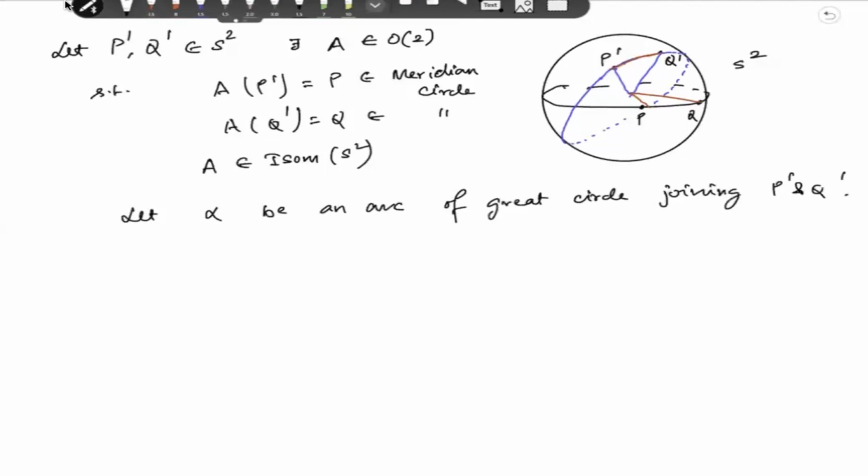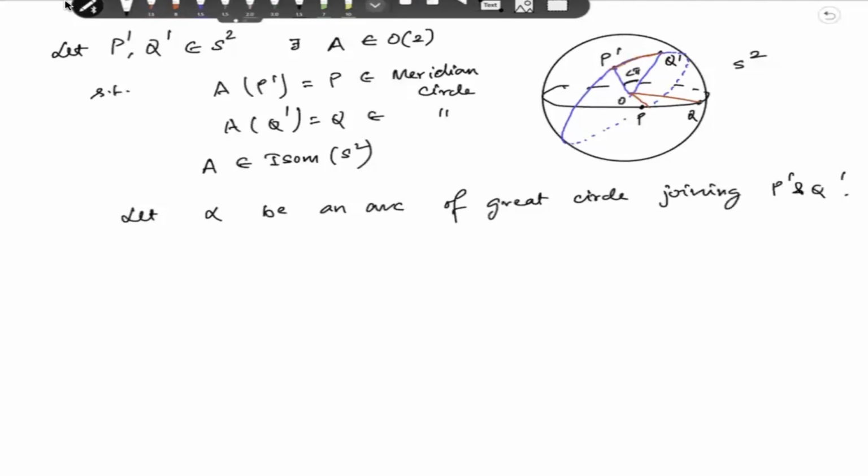And also we assume that the angle between OP prime and OQ prime is less than pi.